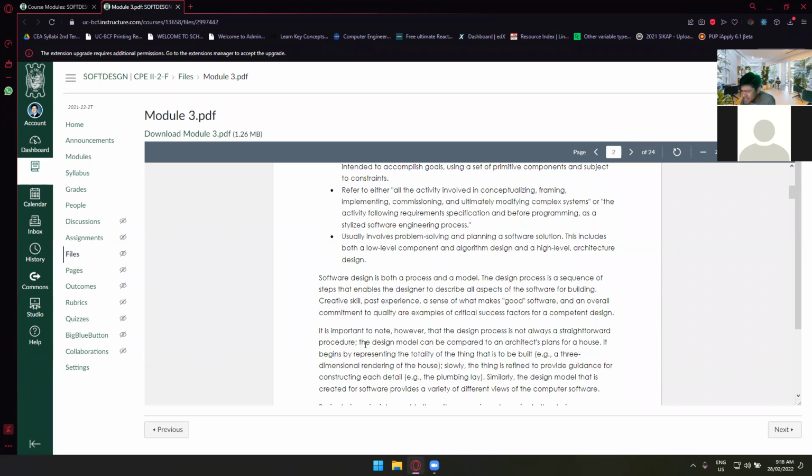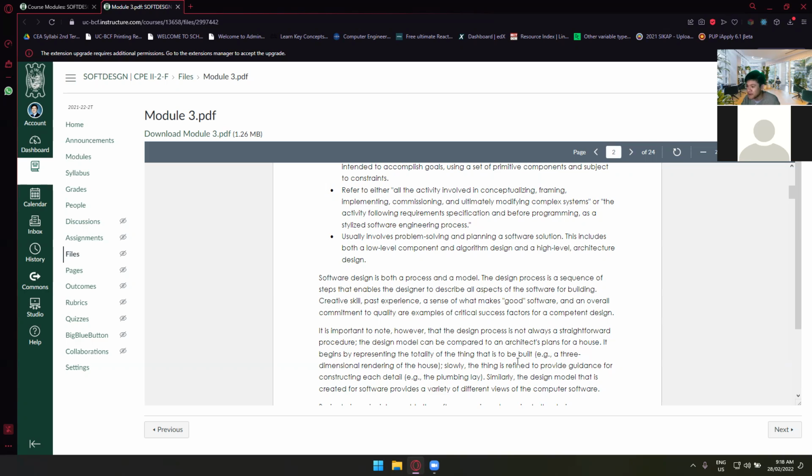Let's say the design model can be compared to an architect's plan for a house. We all know that an architect's plan is still not 100% foolproof to finish your house. There are some changes, some adjustments, and some problems that will arise in the future.